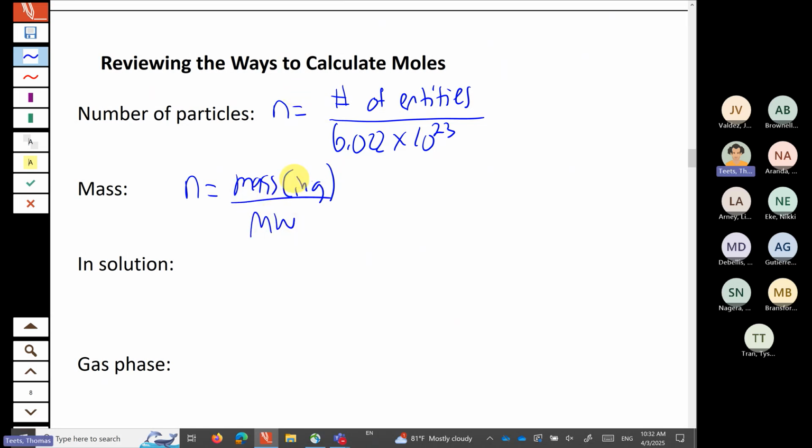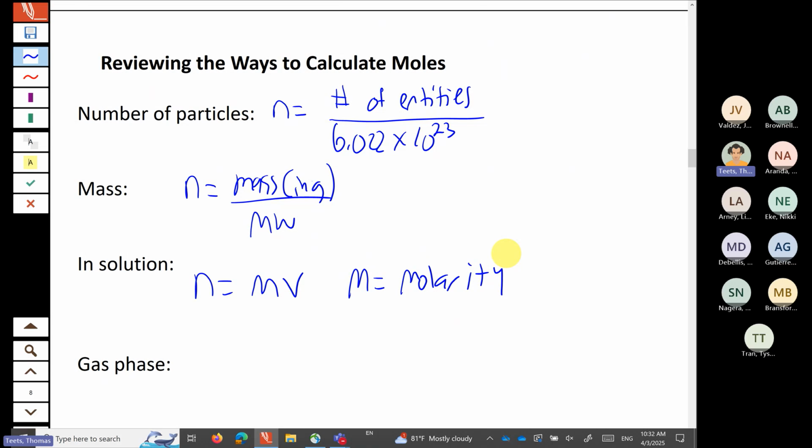In chapter 6, we talked a lot about the relationship involving aqueous solutions or other types of solutions, where the number of moles is equal to the molarity, capital M, times the volume V. That was used a lot in solution stoichiometry or titration problems.